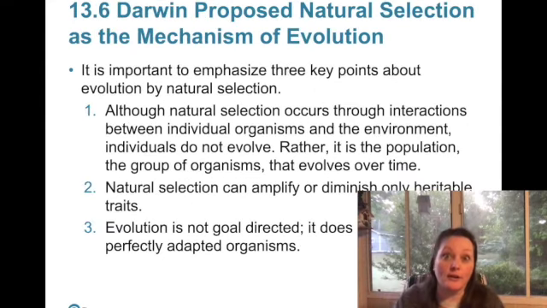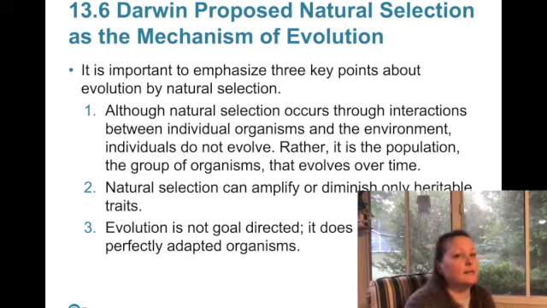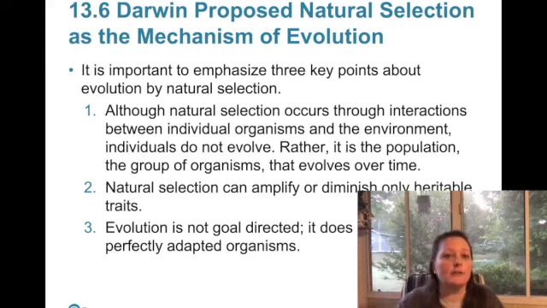So let me say one other thing. Darwin was not the only one who came up with this idea of natural selection, survival of the fittest. There was another scientist on the other side of the planet, the other side of the earth, who was coming up with exactly the same idea at exactly the same time.